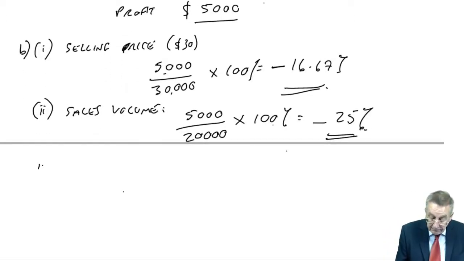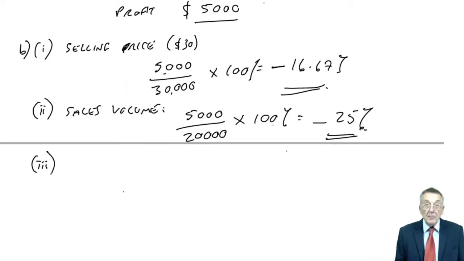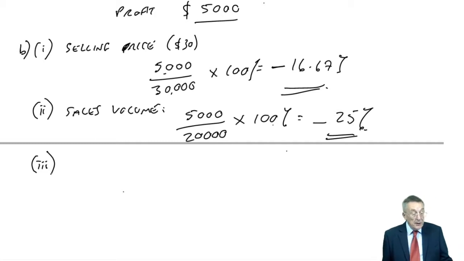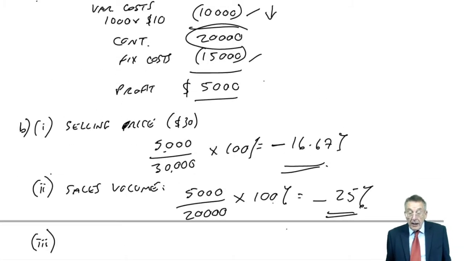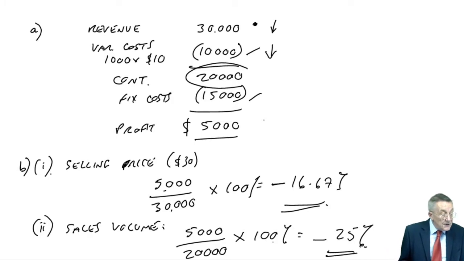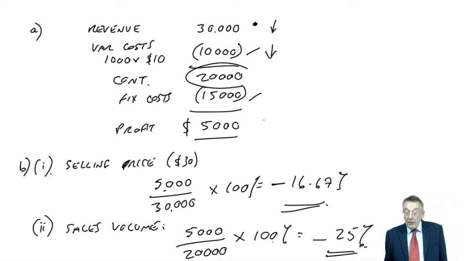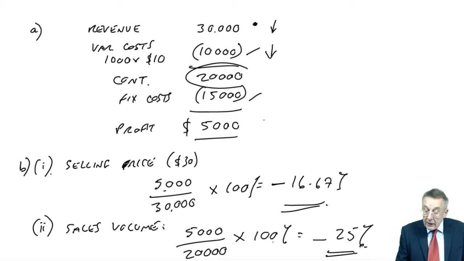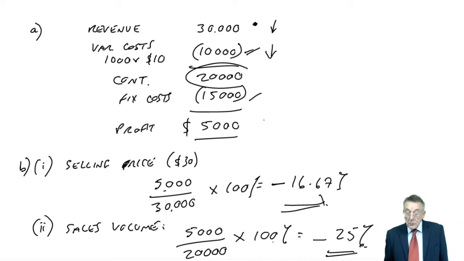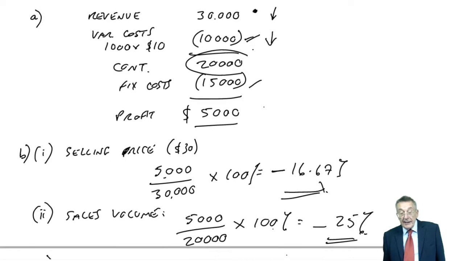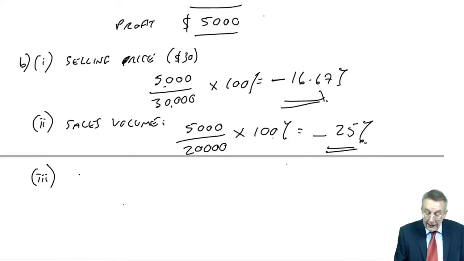Well, really, the other two you should be able to do yourself, but I just work it out, so it takes a second. Total variable costs. Well, if it was only variable costs that were going to change, at the moment they're 10, they'd have to change by 5 for the profit to get to 0.